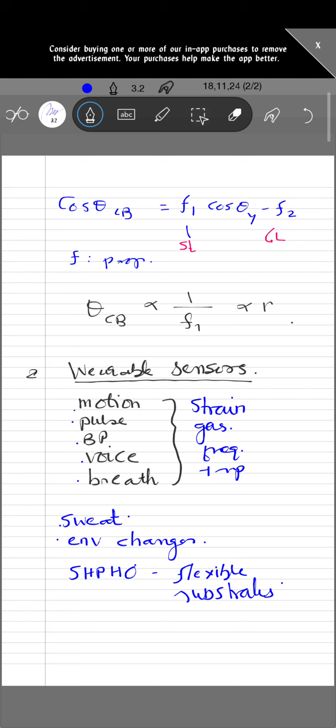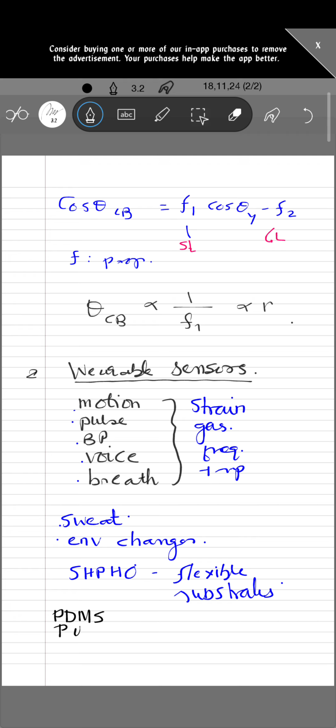And the substrates usually used in making super hydrophobic based wearable sensors are PDMS, PU.